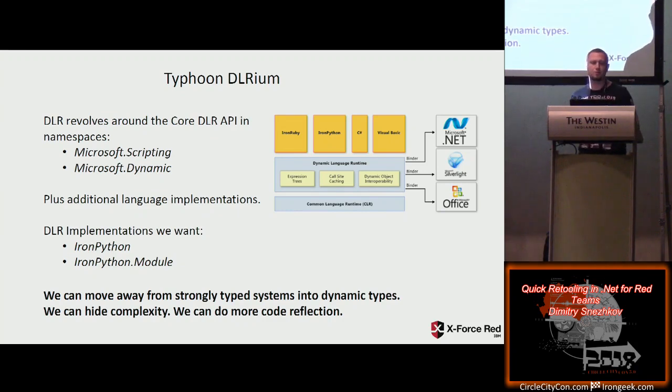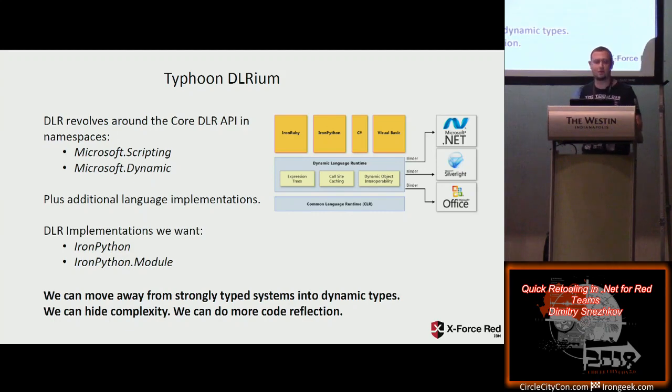So first of all, there are two namespaces that source in the DLR and .NET. It's Microsoft.Scripting and Microsoft.Dynamic. This is the sort of middle layer that allows you to create languages. And then you create languages. And so it so happens that a lot of languages have been already created. For example, IronPython.